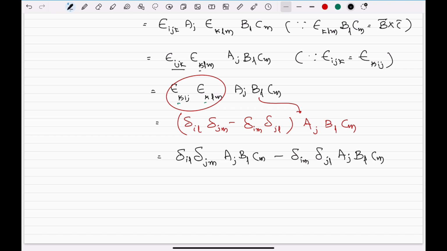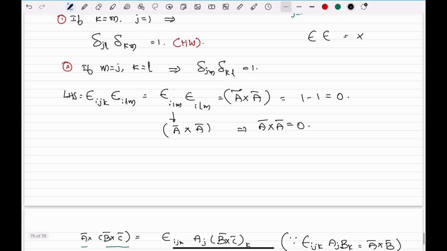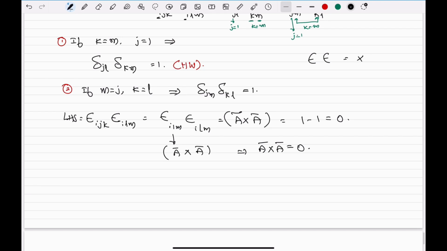δIL δJM into AJ BL CM minus δIM δJL into AJ BL CM.